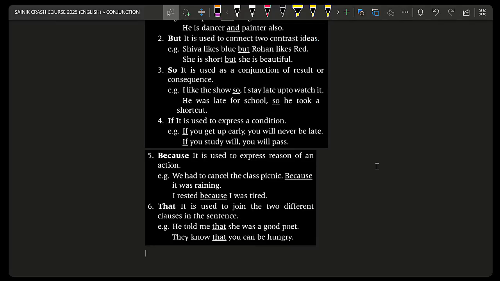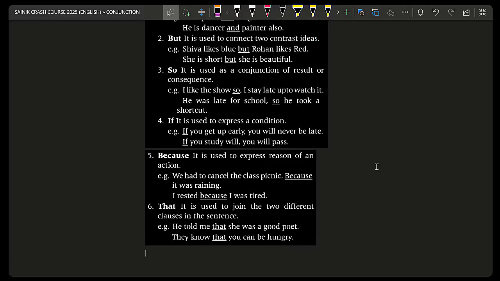I rested because I was tired. Because of the second statement, the first statement follows. So when the reason comes next, because should be used between them. And that is used to join two different clauses in a sentence. He told me that she was a good poet. She told me something, what she told.